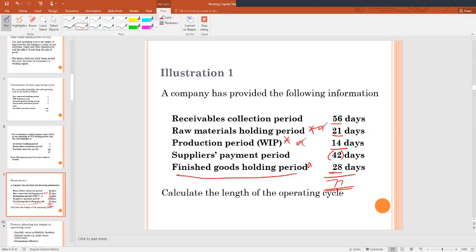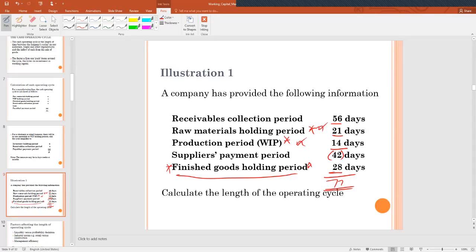Which means if a company does not manufacture, the total days of inventory is simply the finished goods days. Is that clear?